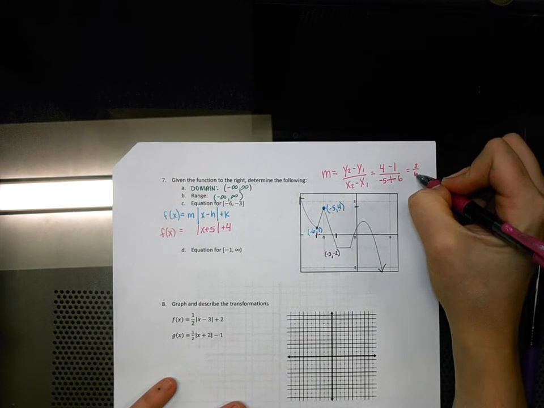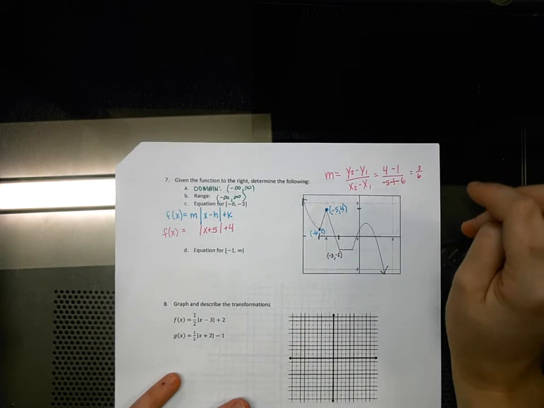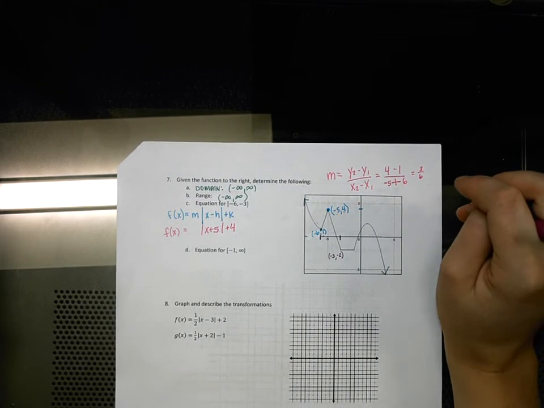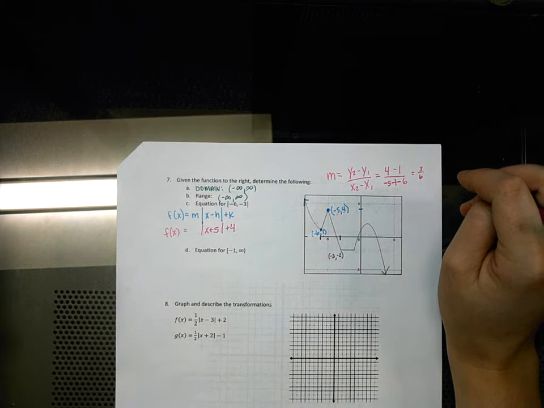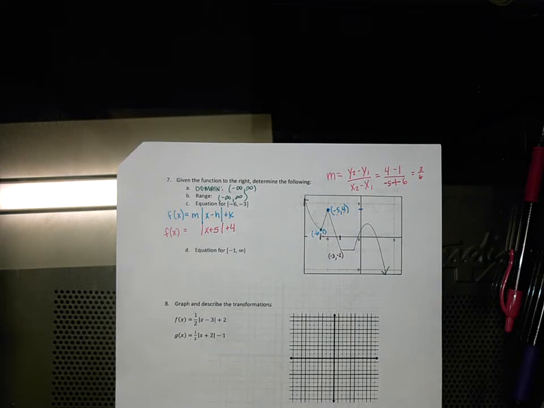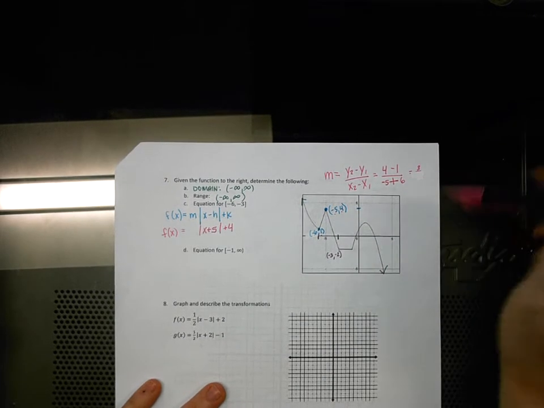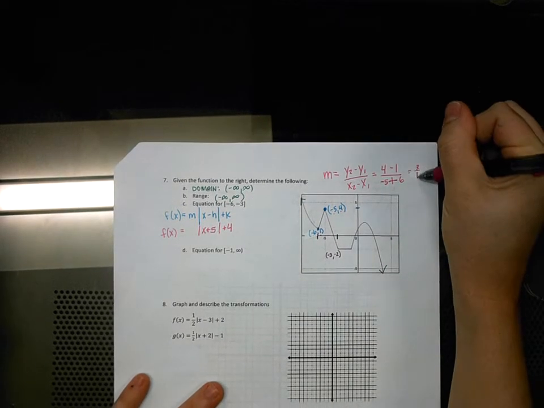Sorry, that's not 6. So I get 3 over 1, negative 5 plus 6.